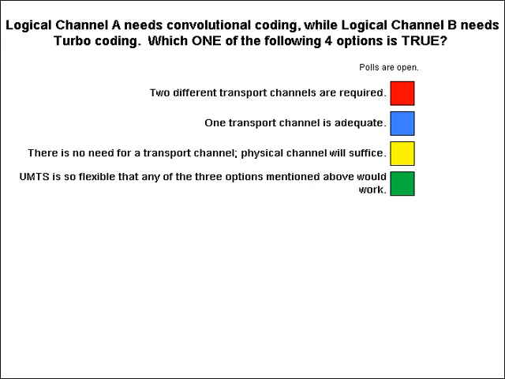And just so that you know, the logical channel tells us what we are sending, the transport channel tells us how we are sending and how we are protecting. Are we using convolution coding to protect? Are we using turbo coding to protect? The physical channel is telling us who should get the information.